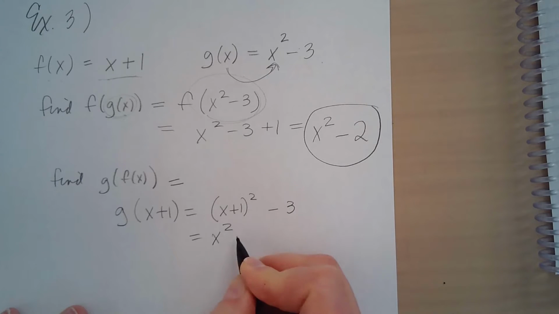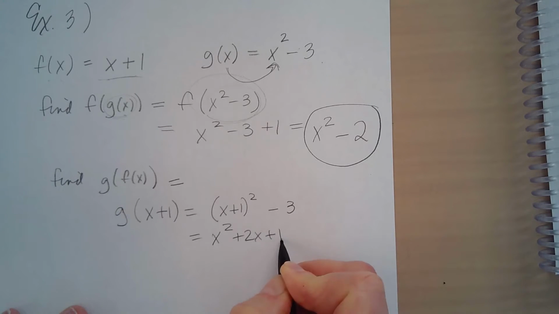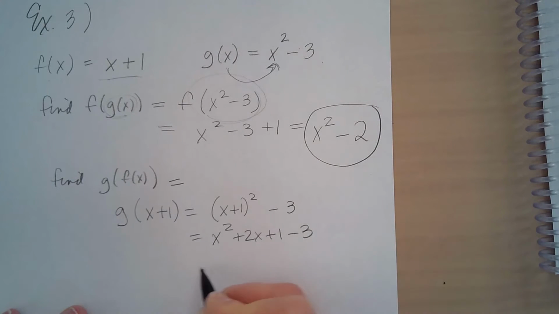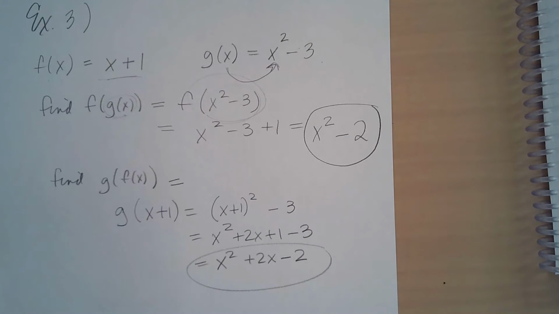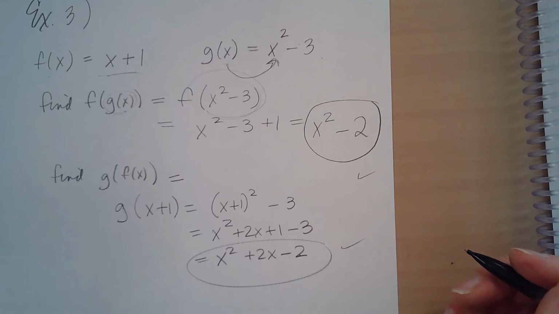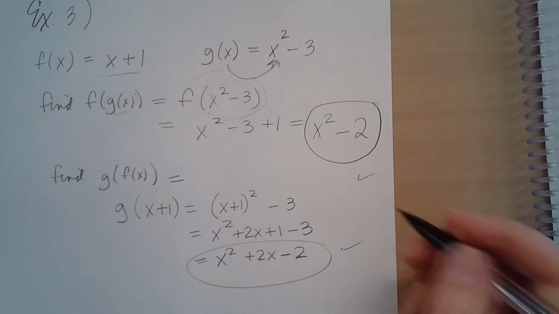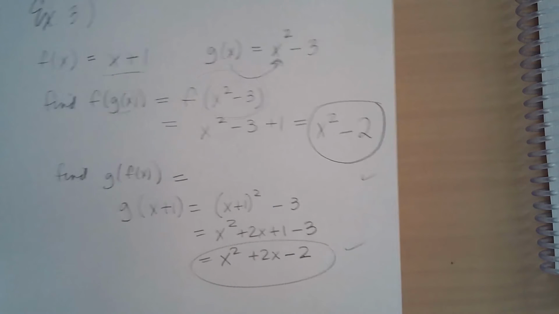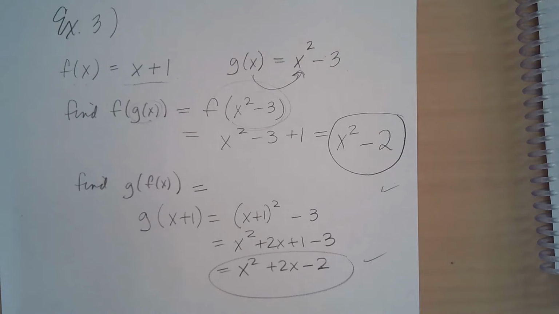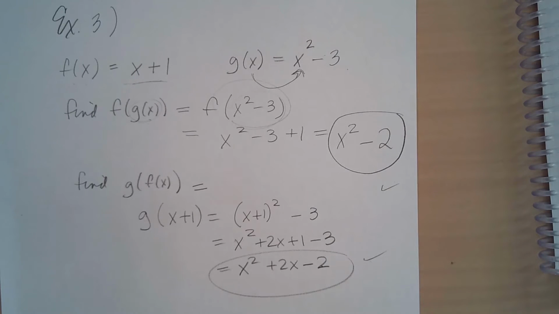So this will give me x squared plus 2x plus 1 minus 3, which finally gives me x squared plus 2x minus 2, which is what Neville said it was. Perfect, right? Do you find them a little harder to do with just the expressions than if you're using whole numbers? Because you always have to carry forward the variables, right? It gets a little more complicated, I think.